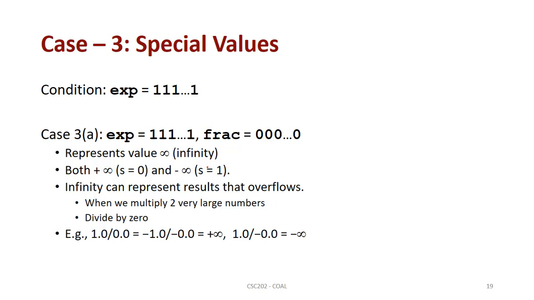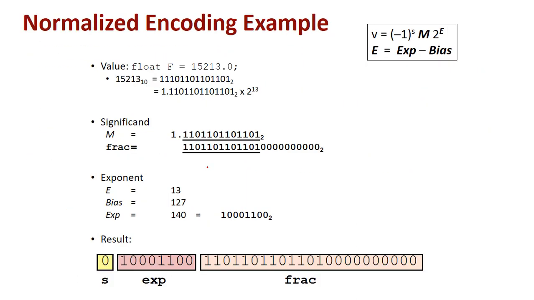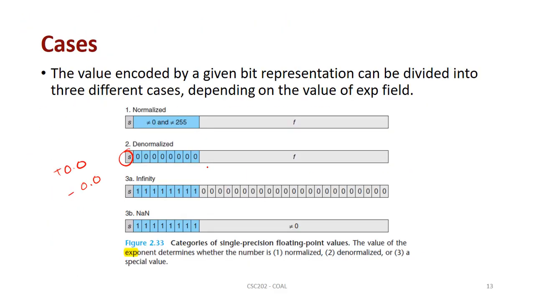Like in the previous case, denormalized, we had all the bits zeros, and here in the third case we have all the bits set. Again we have two options: whether the fractional bits are also all zeros, or not equal to 0, any of the bits.